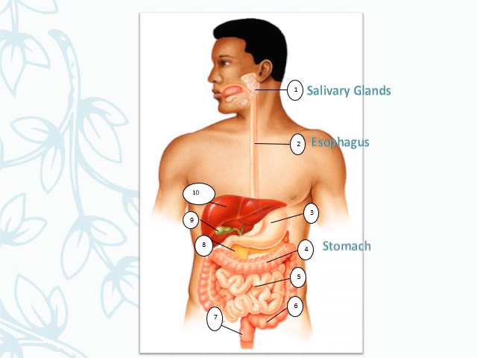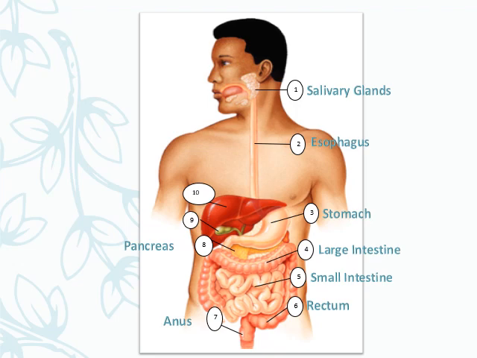Next, number 3, it is stomach. And number 4, it's large intestine. And number 5, it is small intestine. And then number 6, it's rectum. Number 7, it's anus.